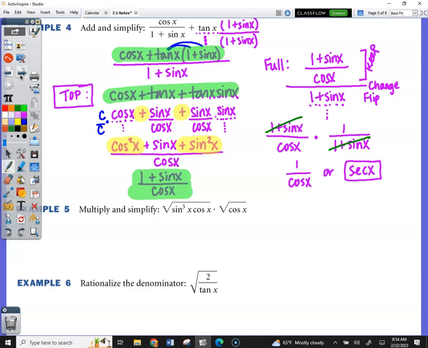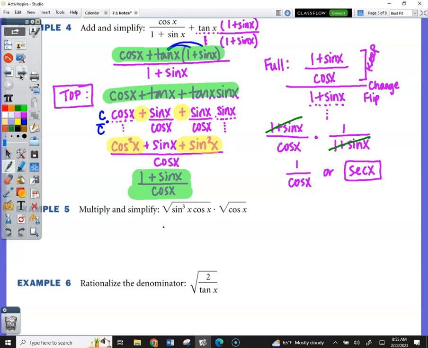All right, so we've got multiply and simplify. You've got the square root of sine cubed x, cosine x, times the square root of cosine x. The same rules of radicals apply here. You can multiply any two radicals together. They don't have to match. So this can just shove together.